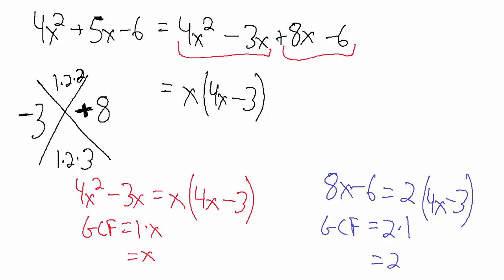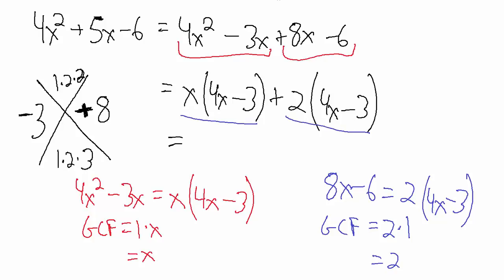So going back up here then, what do we have? Plus 2 times the quantity 4x minus 3. And then, as always, the last step with factoring by grouping is to look and say, okay, here's one term, here's another term. These two terms have the factor 4x minus 3 in common, so let's pull that common factor out.